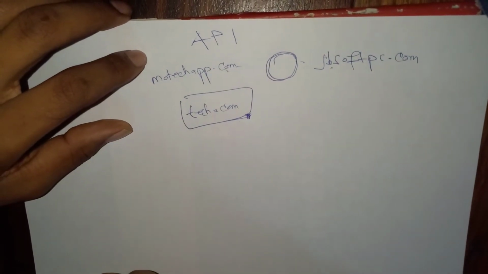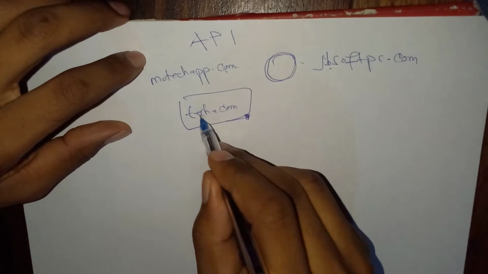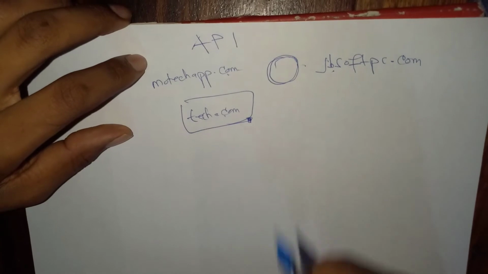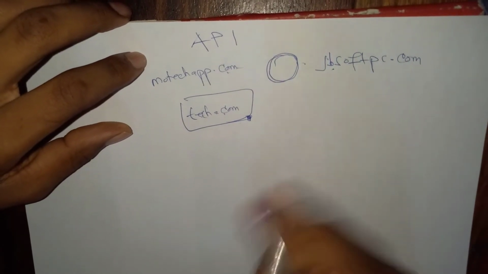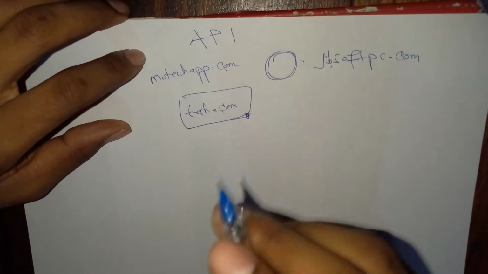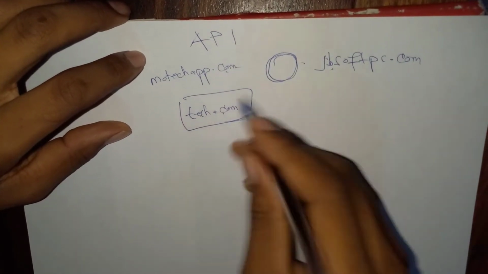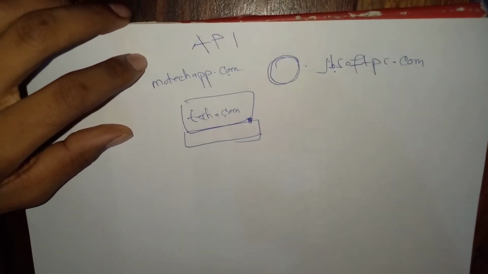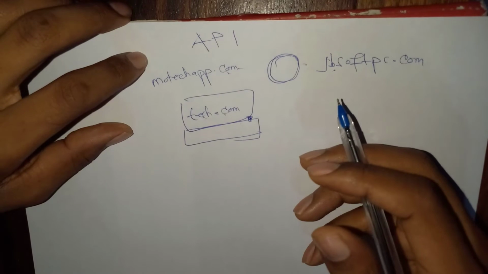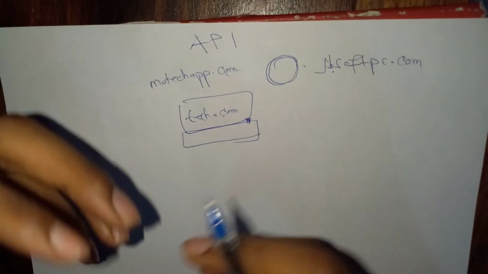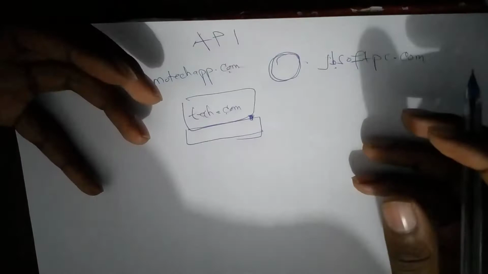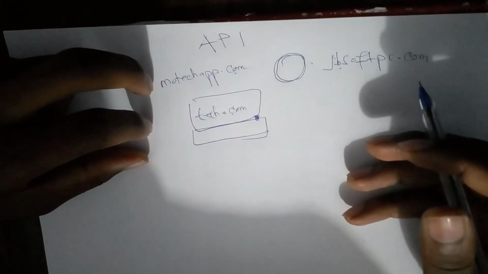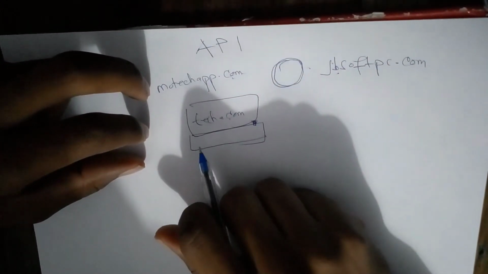Using the same example, let's say this tech.com, which is a school management system owned by me, right? It is developed by using Django REST framework. So this is just a web application. Then after the software life cycle, as the school is getting more popular, I need to transform from web application to mobile application, right?